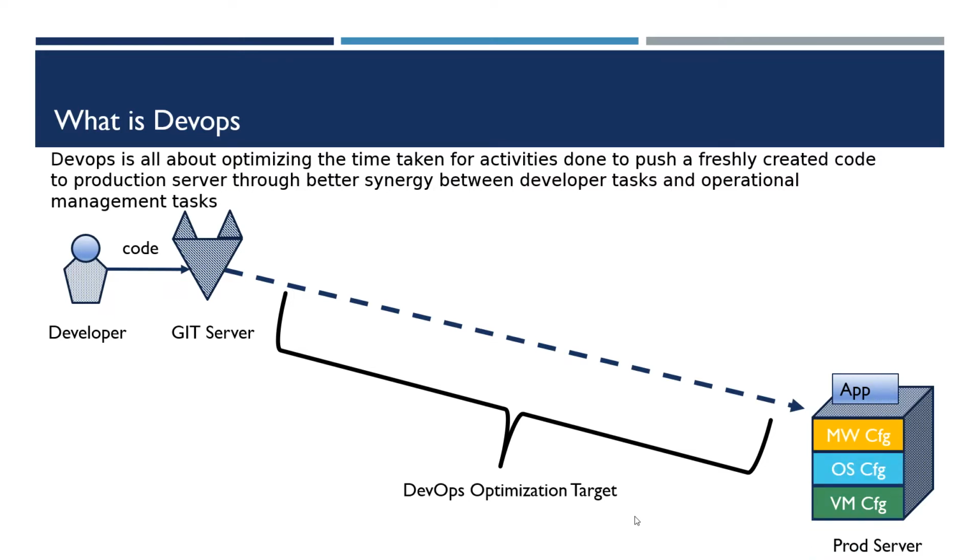The application doesn't run by itself, it needs a Java runtime environment or a database. So that middleware configuration is there. All of these configurations that you do at operating system level, middleware level, or even at the virtual machine or basically the machine level, all of these are to be automated. They are to be done through scripts, and that's what DevOps is all about.